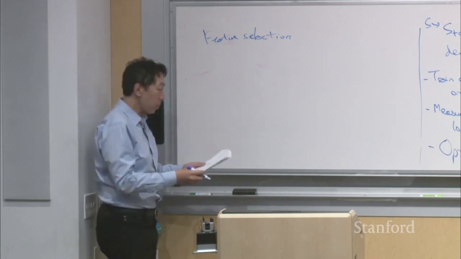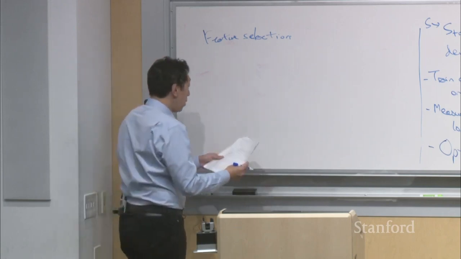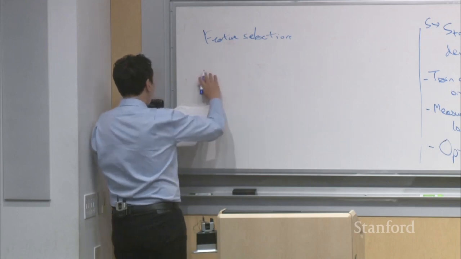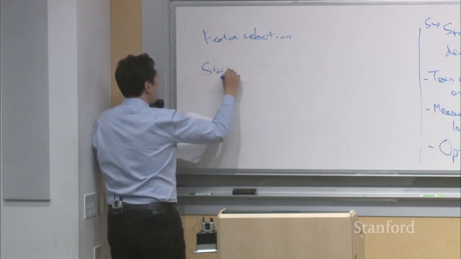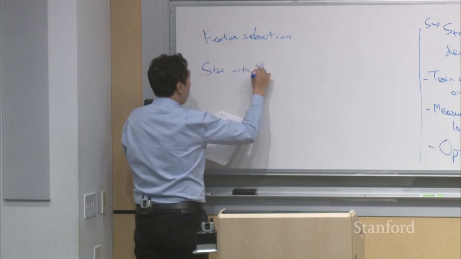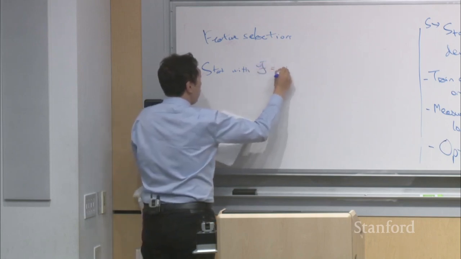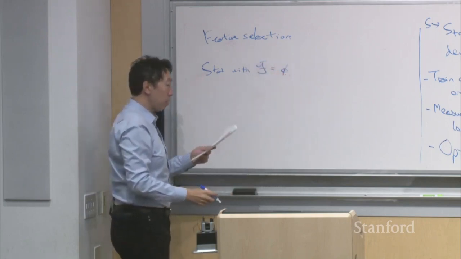Right? And so here's, I'll just write out one algorithm, which is: start with, this is script F, equals the empty set of features.